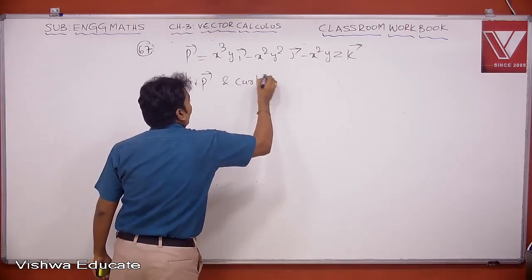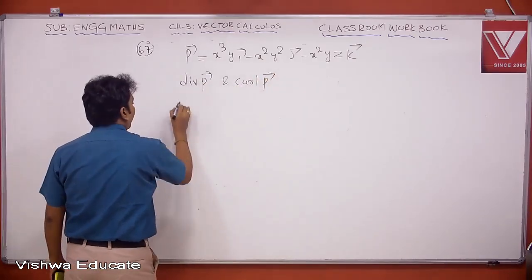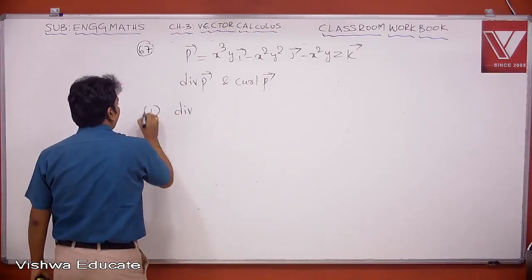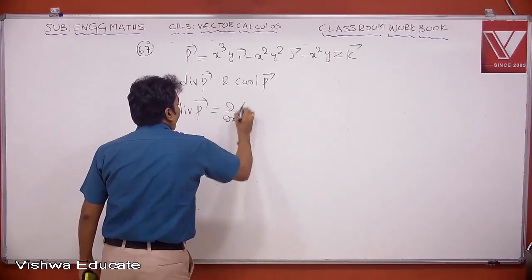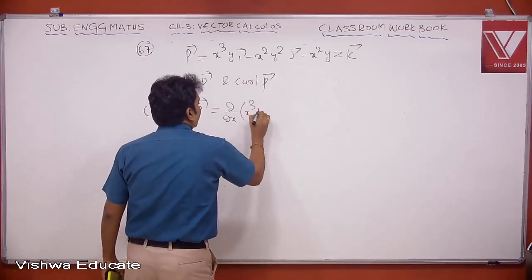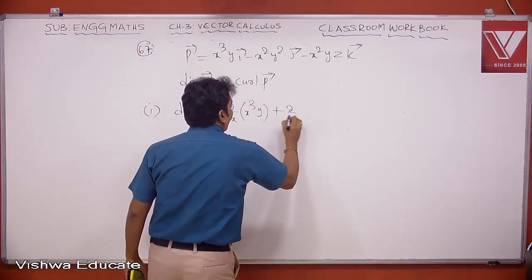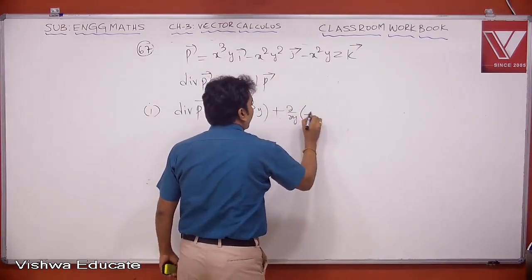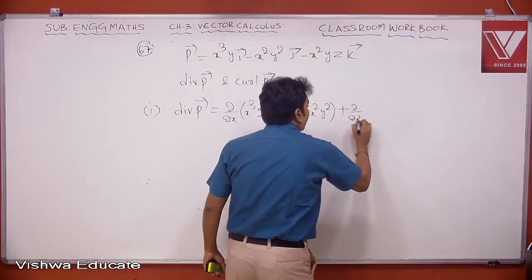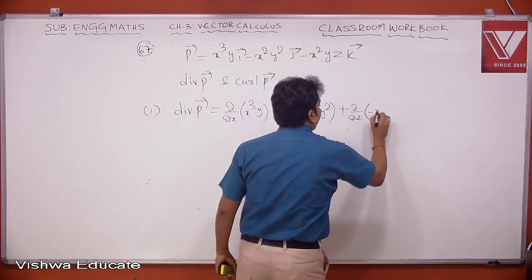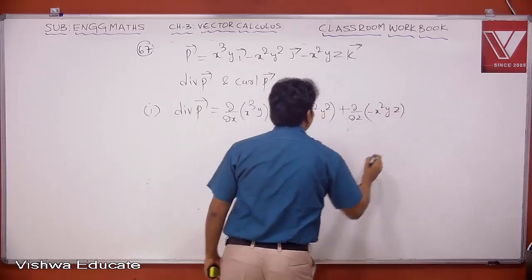So this question purely involves the calculations of both divergence of p bar and curl p bar. So let us evaluate divergence of p bar at first. Divergence of p bar is dou by dou x of x cube y plus dou by dou y of second component, minus x square y square, plus dou by dou z of minus x square yz.